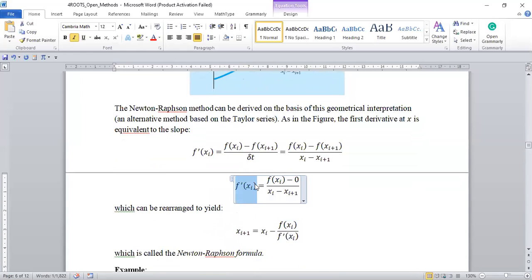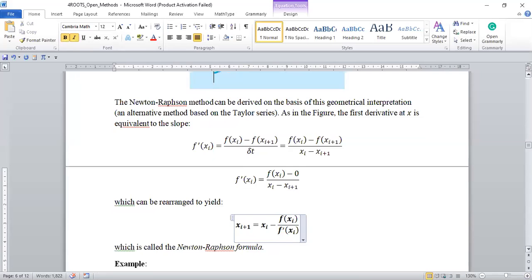The first derivative or the slope is equal to the change in y divided by the change in x. Then if you make this the subject of formula, so this is the approximated root, you are going to arrive at this equation where this is the function at xi. Then this is the first derivative of the function at xi. So we're going to use an example so you understand, but this is the formula we are using for the Newton-Raphson method.